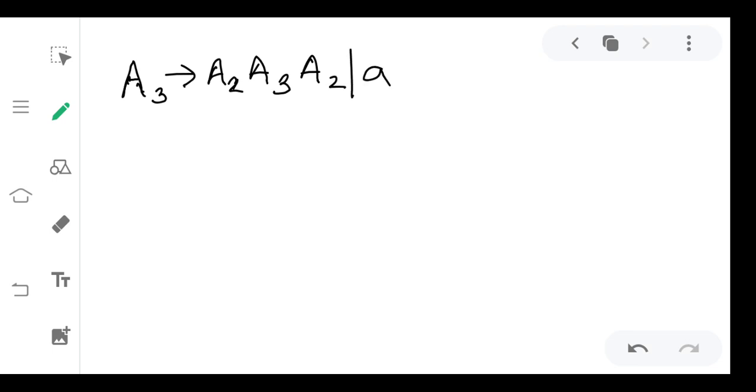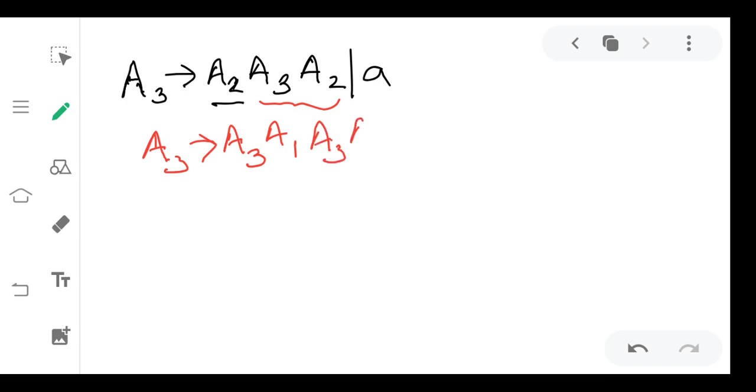Here we have to replace this A2 by its production. A2 has two productions. First one A3 A1, and these things have to come over here as such.